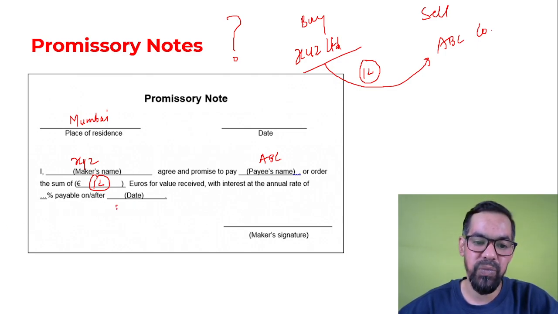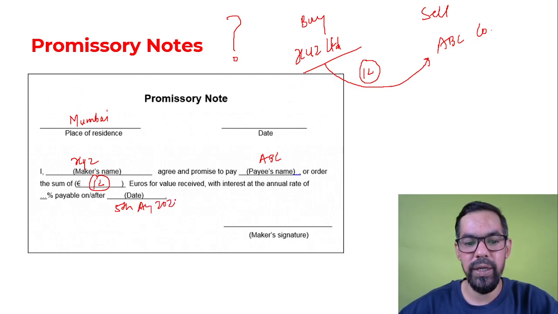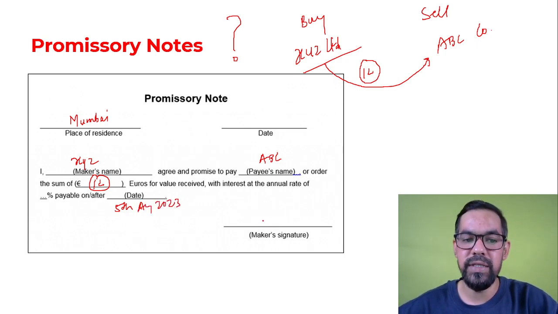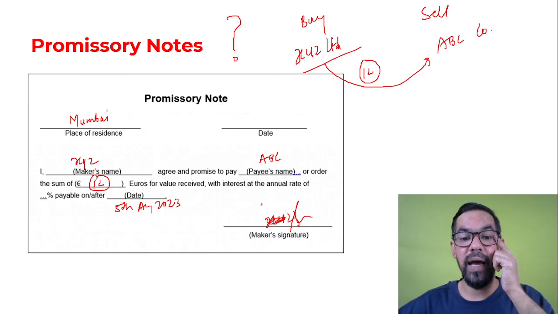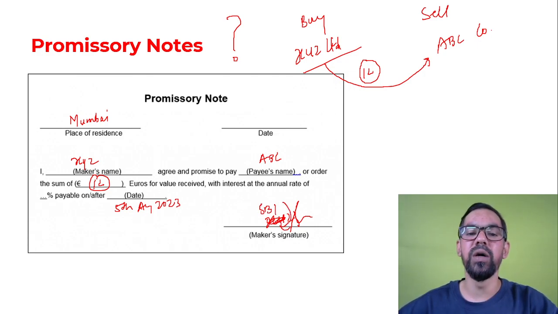Let's say it is 5th of August 2023, and here there is a sign of XYZ as well as we can say the bank. Suppose that there is a bank, let's say it is SBI, so they'll approve this one.